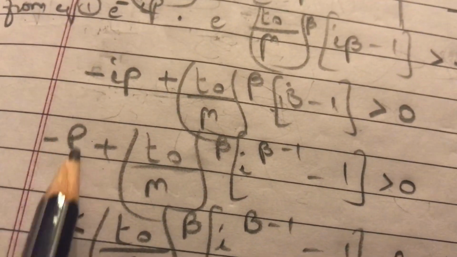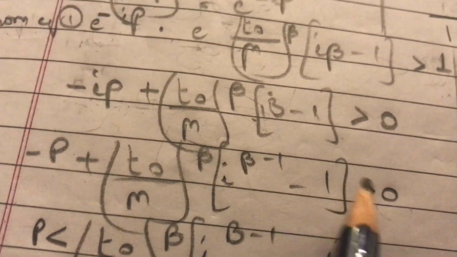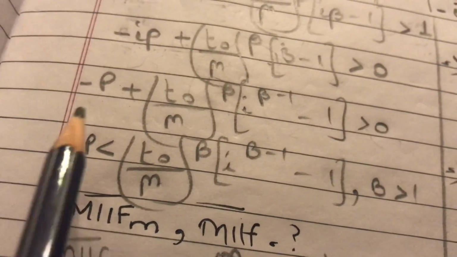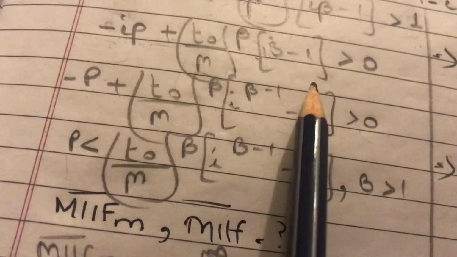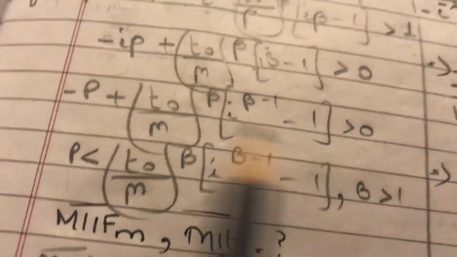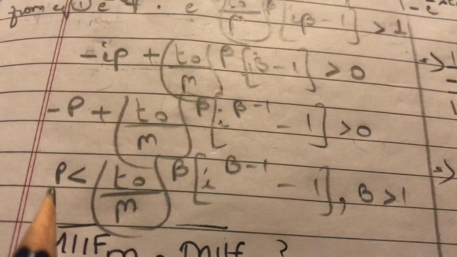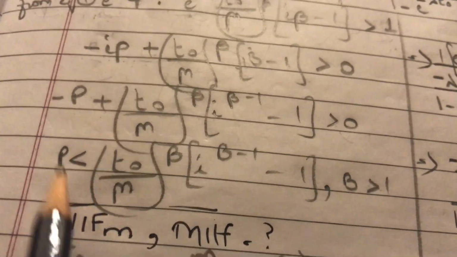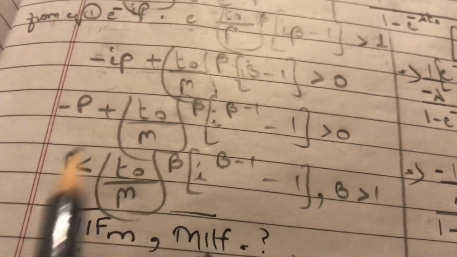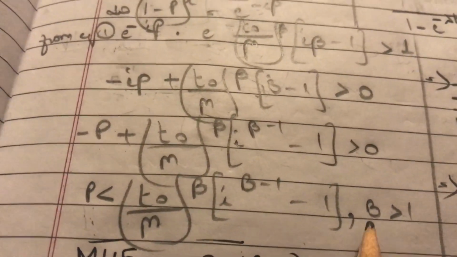So what remains? Minus P plus T0 over eta at the beta I beta minus 1 greater than 0. This is what remains, and we can say that this probability can be less than this equation when beta is greater than 1. So the probability of making a mistake can be less. We have proved that the probability of making a mistake can be less than this one. So our condition of making a mistake can be much less when we have a beta greater than 1.